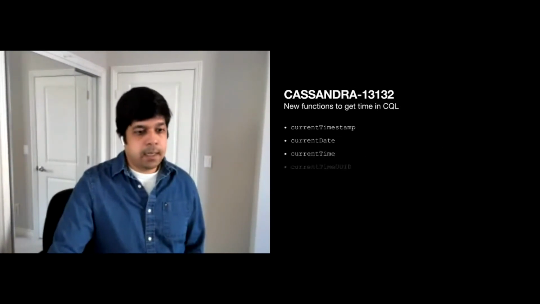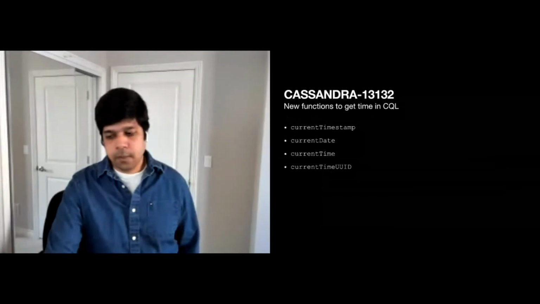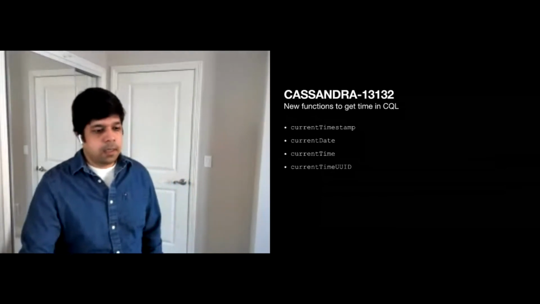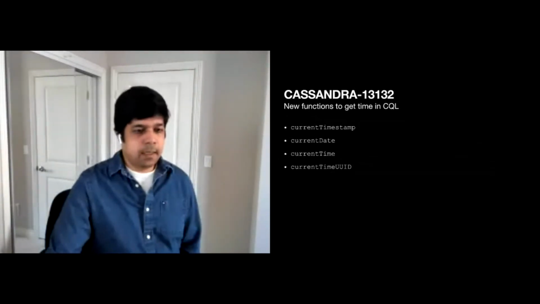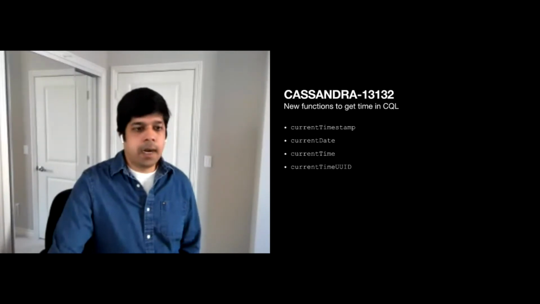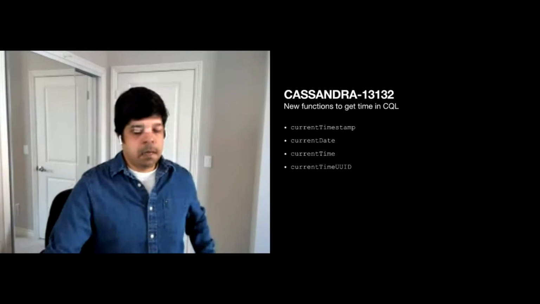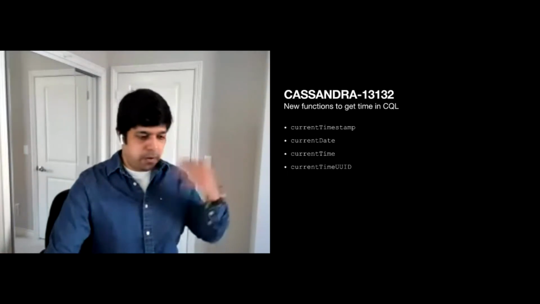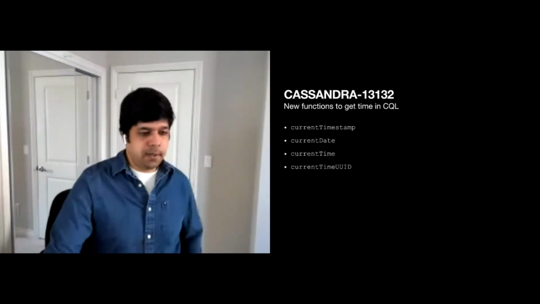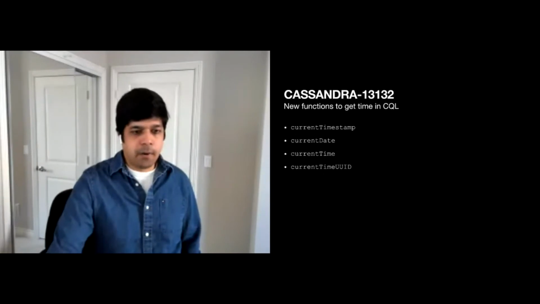Now you actually have current timestamp, current date, current time, and current time UUID. All these four functions are available in SQL to actually get the current date and time and timestamp ID from Cassandra. So you don't need to do any of the manipulation as before.